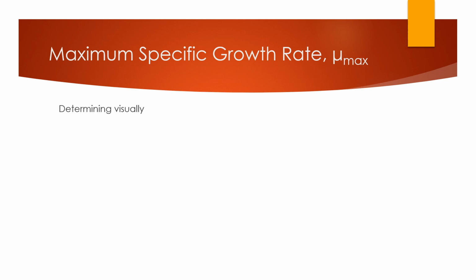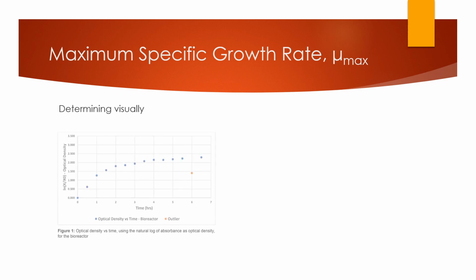Determining the maximum specific growth rate, mu max, visually, we can plot a semi-log plot of optical density versus time. The reason this works is we can expect the bacteria growth to be in their exponential phase by the time we start taking data. Looking at this plot, we want to find the point where we find the largest slope, which here would be the first 3 points.